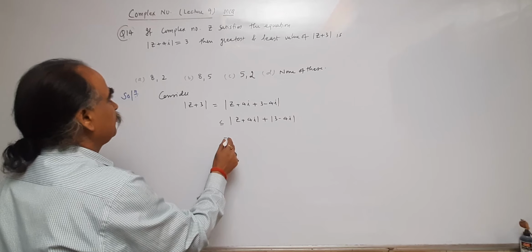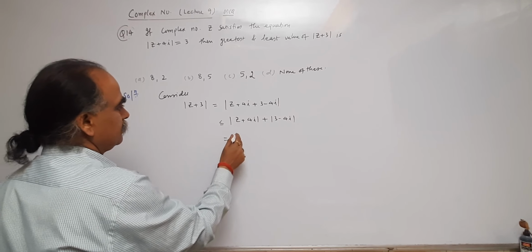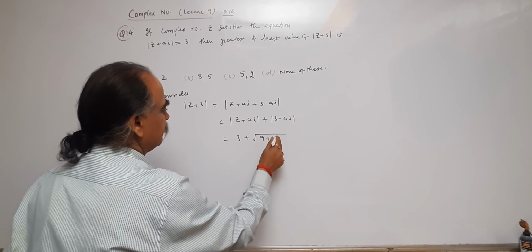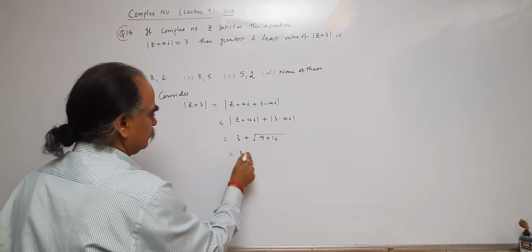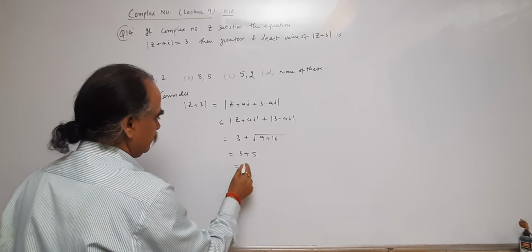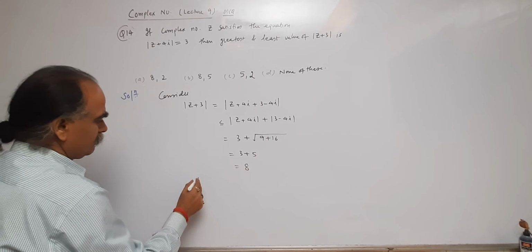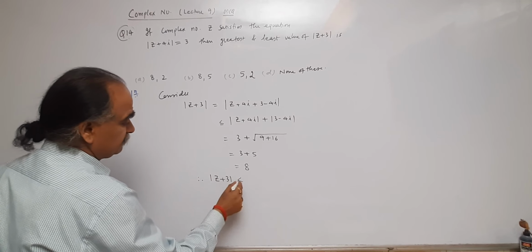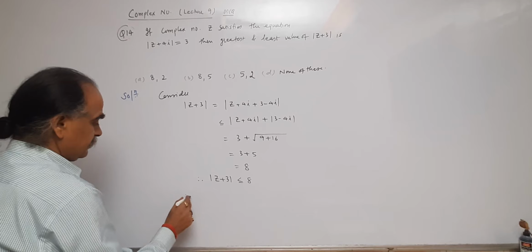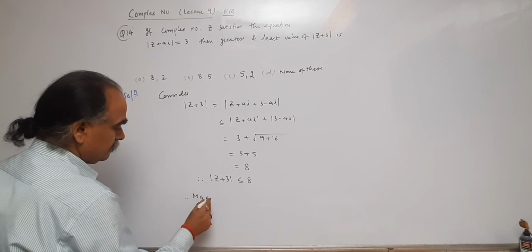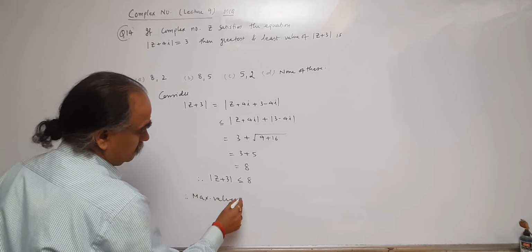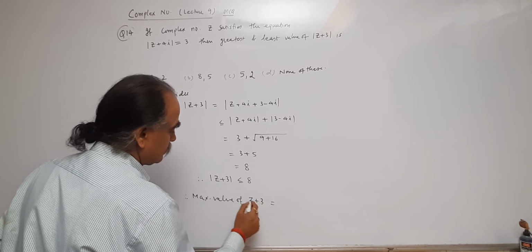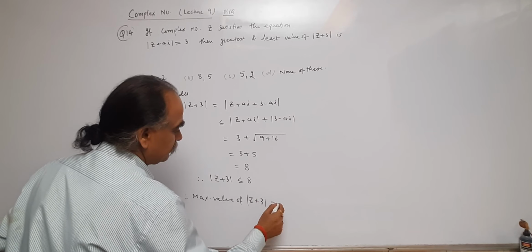And mod z plus 4i is equal to 3, and this is root of 9 plus 16, 3 plus 5, 8. So modulus z plus 3 is less than or equal to 8. Therefore, the maximum value of mod z plus 3 is 8.